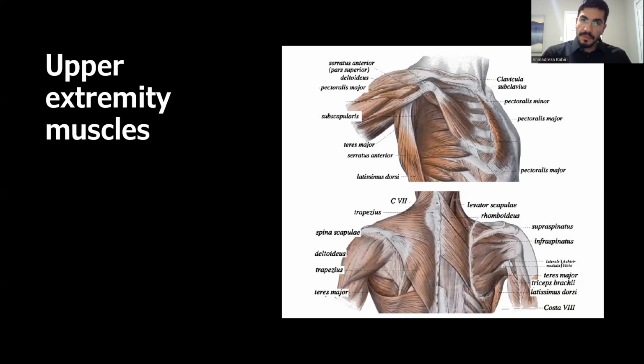Also, two important muscles are pectoralis major and pec minor, whose role I think is not very well understood in any shoulder or upper extremity movement.